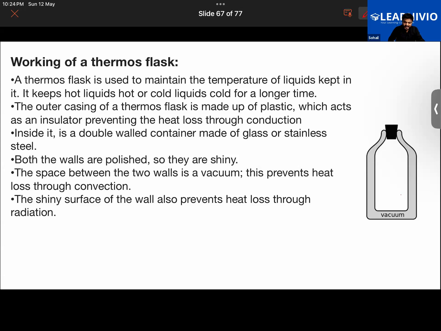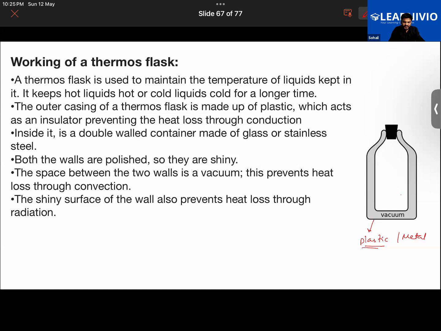The outer casing of this thermos flask will be made up of plastic or could be made of metal also, so this will act as an insulator. Usually it is made of plastic in most cases, and there would be an extra layer above it made of metal.